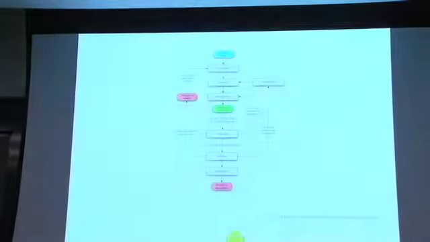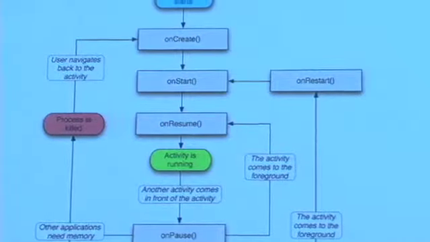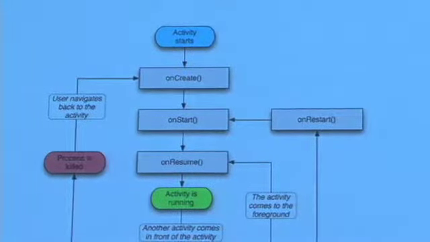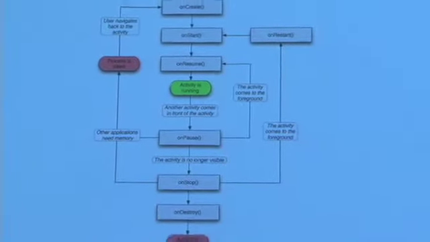And so this task is going to start this activity, and it's going to go through this life cycle. Before any of this is shown to the user, it goes through this sequence of methods. It first goes through onCreate, then onStart, and then onResume. And then once all of those methods have been fired, it actually shows that to the user, and the user can then interact with that activity and perform some action in your application.